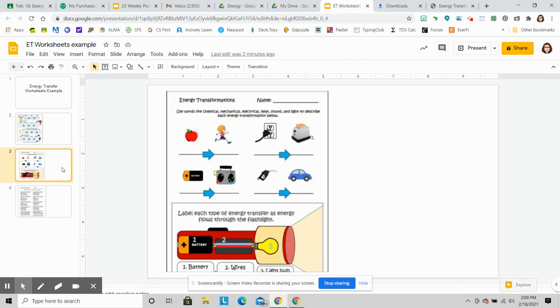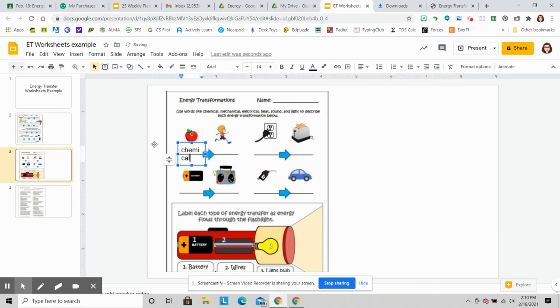The second page, similar to the first, wants us to identify energy transfer. Here it's a simple energy transfer, just going from one to another. And this time they give us the example and they want us to tell what kind of energy it is. So we've talked a few times about food being a stored potential energy. It is a chemical energy.